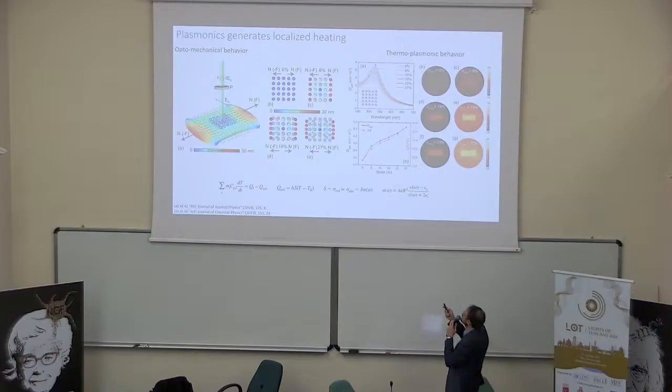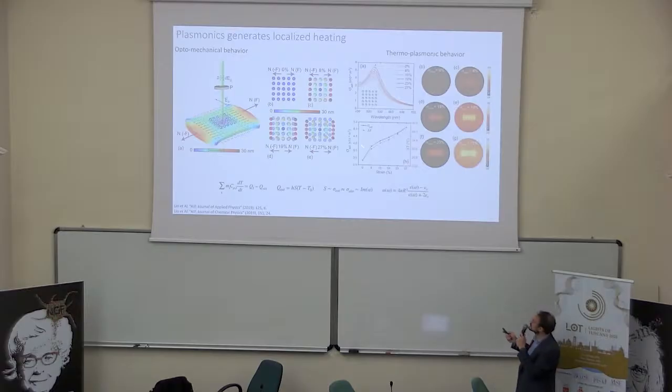For example, taking a look with a thermometric system, you can observe that by increasing the extinction, the temperature also automatically increases, according to this equation that shows the flux is directly related to the difference of temperature, and this term is related to the extinction, that in this case matches the absorption.